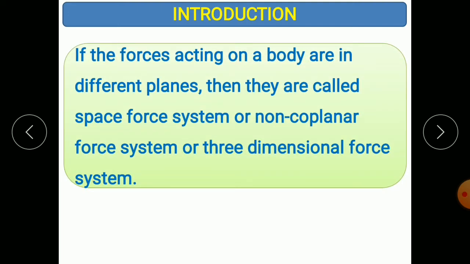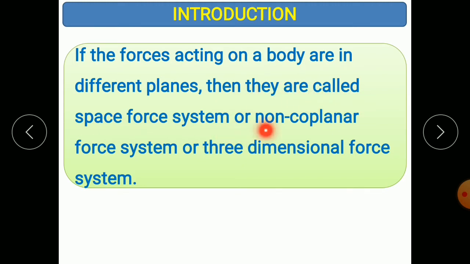First of all, we need to understand what is the meaning of space force systems. Space forces means if the forces acting on a body are in different planes, more than one plane, then they are called space force system.